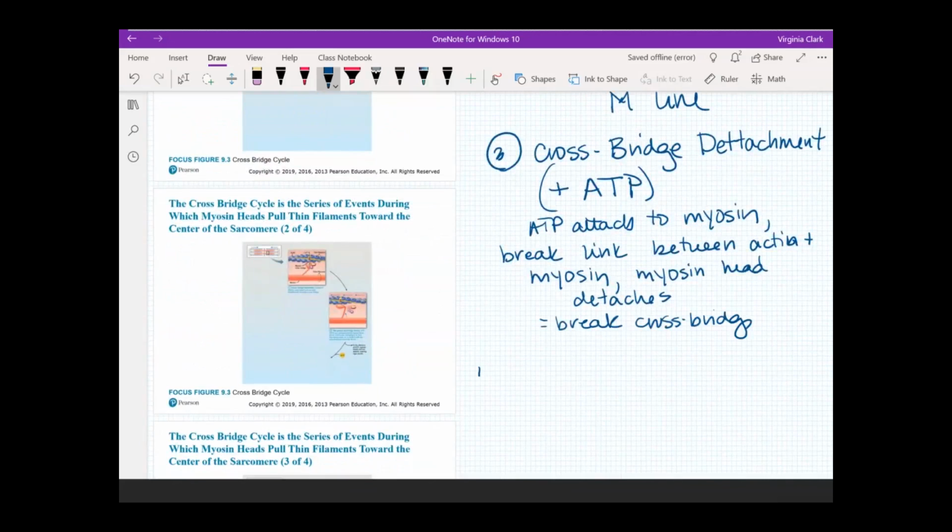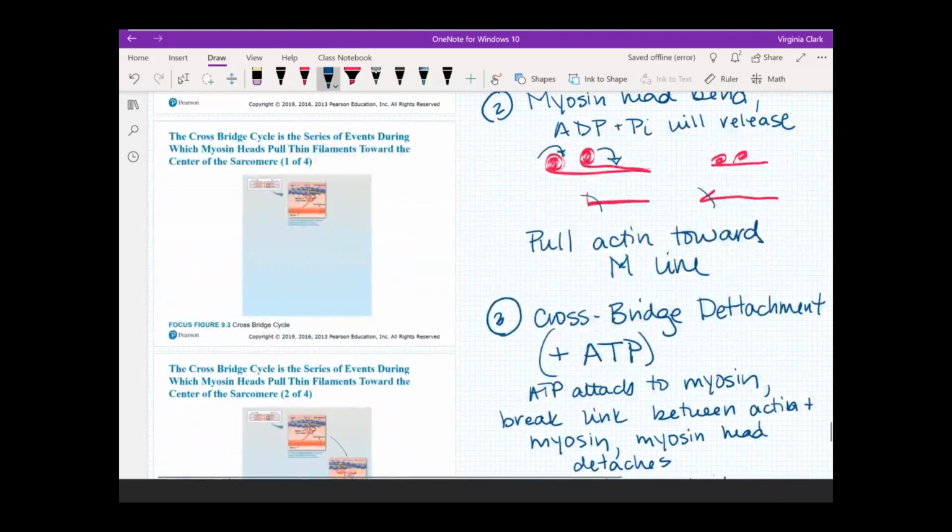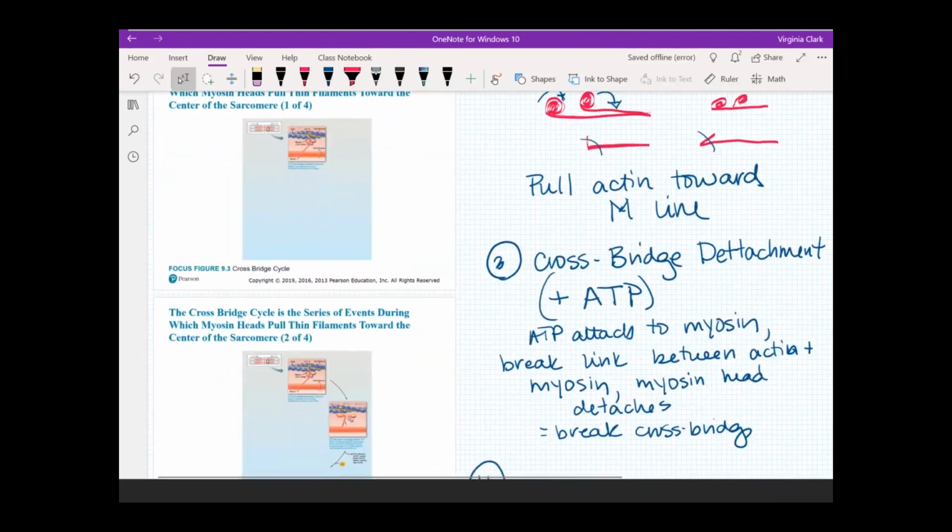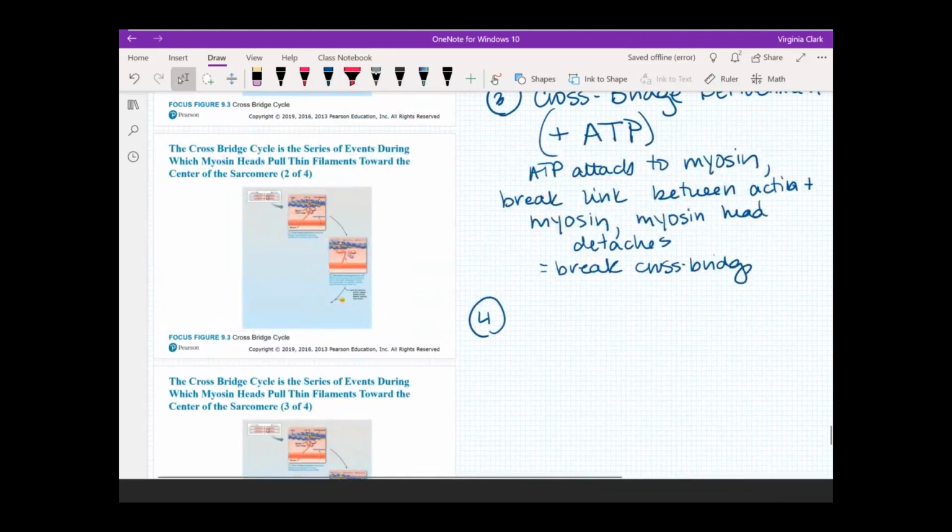So then we go to step 4. Now we have our myosin head in our bent position. We need to put it back. So this will be the cocking of the myosin head, is what it's called. So as we put the myosin head back in place, we move it back to its 90-degree angle.